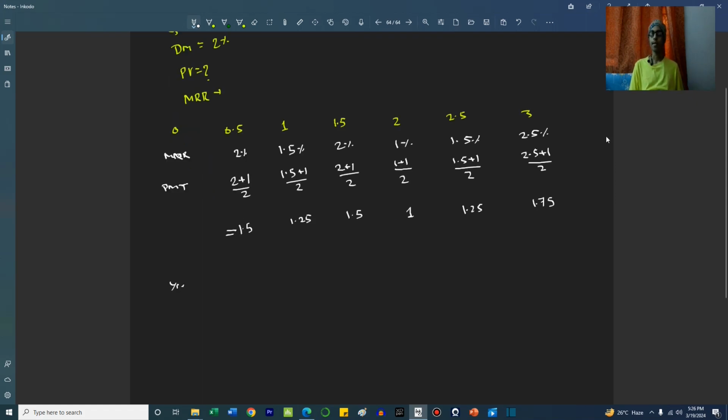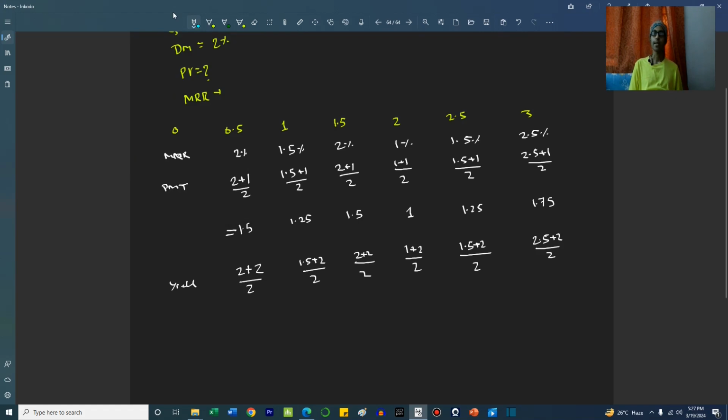And the yield comes to, discount margin is 2%. So it will be MRR plus 2% by the periodicity. So this is 2 plus 2 by 2. This is going to be 1.5 plus 2 by 2. This is going to be again 2 plus 2 by 2. 1 plus 2 by 2. 1.5 plus 2 by 2. 2.5 plus 2 by 2.